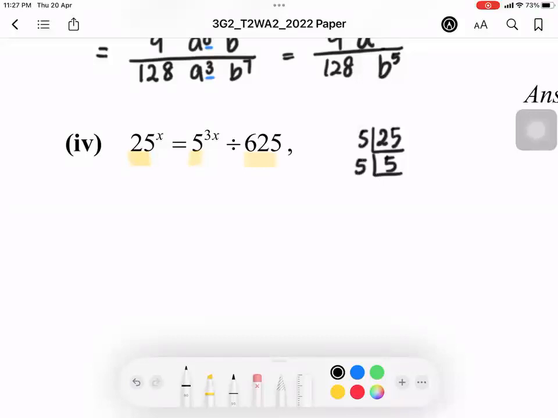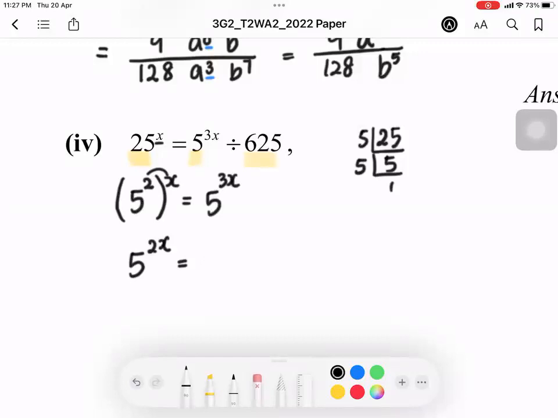So 25 now becomes 5 squared. Not forgetting outside still got a power x here. So this later becomes 5 to power of 2 times x, so 2x. Okay, this is already 5 to power of 3x, no change.